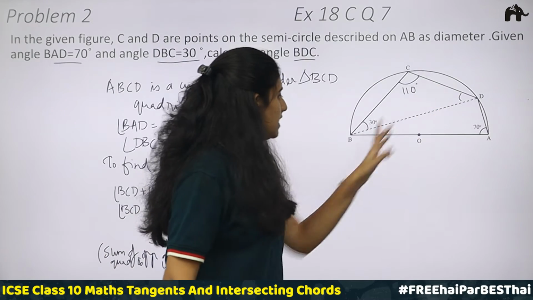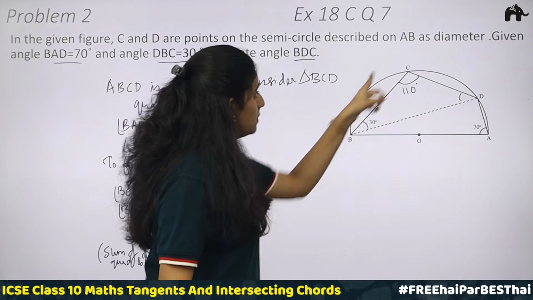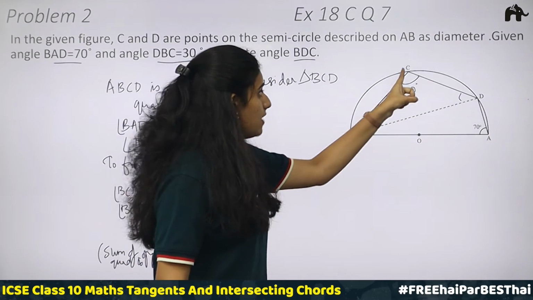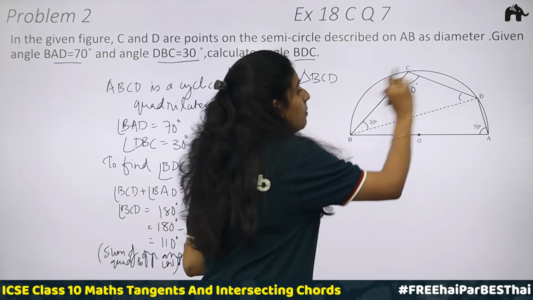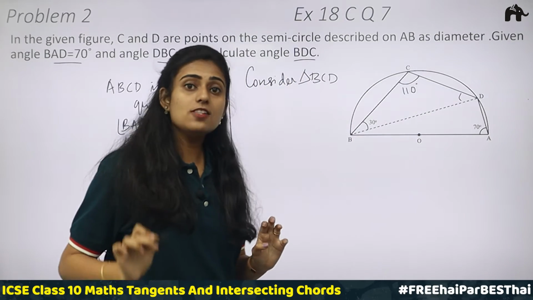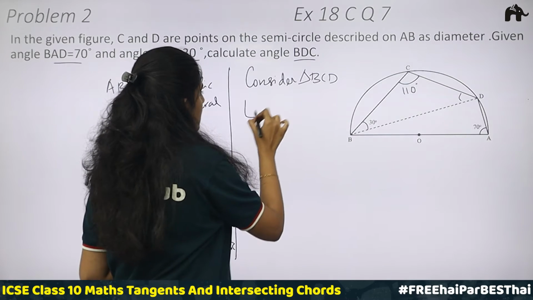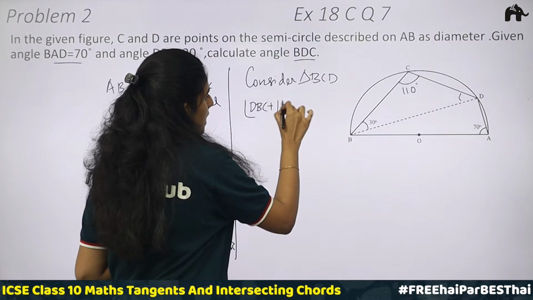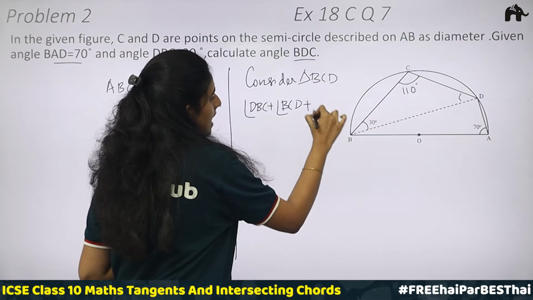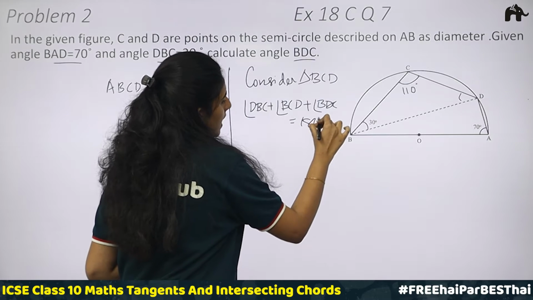In triangle BCD, we know angle CBD and angle BCD. We just need to find CDB. How to find CDB? We know that the sum of interior angles of a triangle is always equal to 180 degrees. We have angle DBC plus angle BCD plus angle BDC equal to 180 degrees.